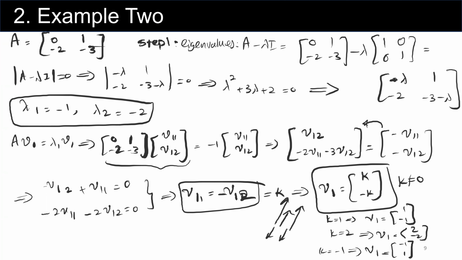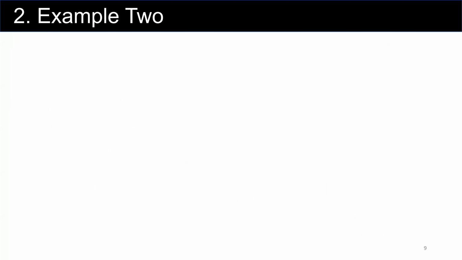All right. So we want to find the second eigenvector. We already have one of the eigenvectors. Let's see what's going to happen for the second eigenvector. So I'm going to remove everything and have matrix A written again. Matrix A is [0, 1; minus 2, minus 3].